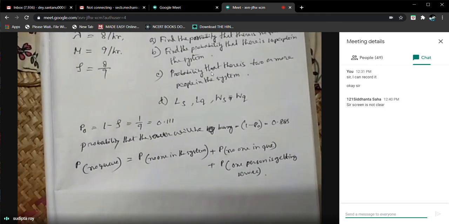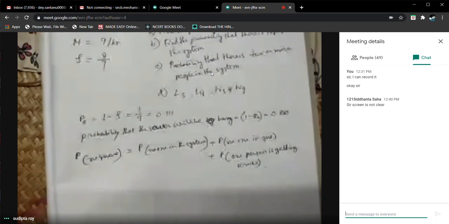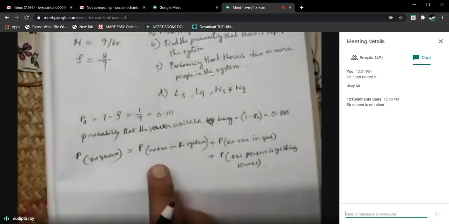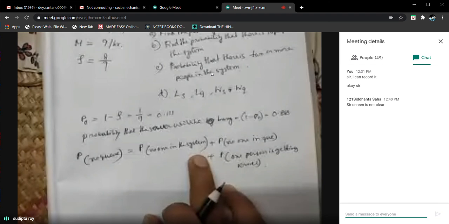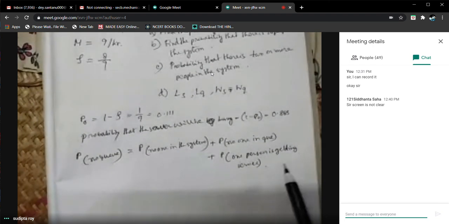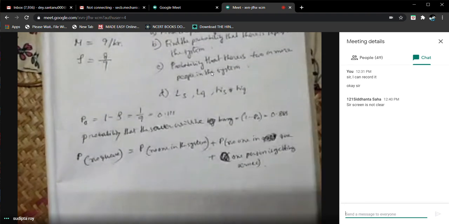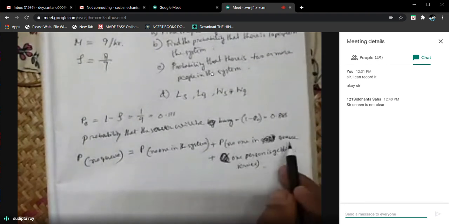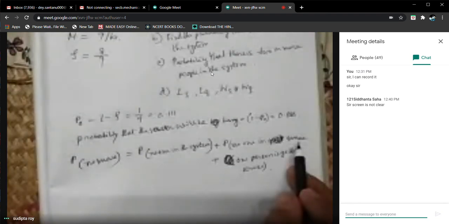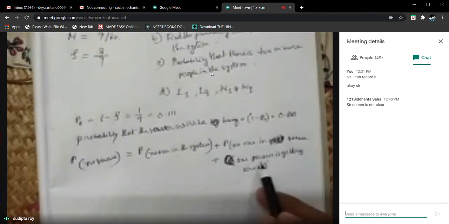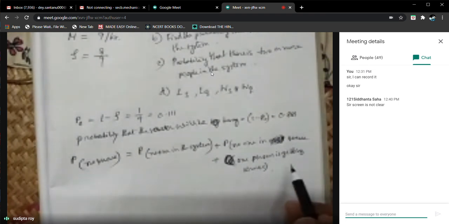Now think why we are writing this line, because probability that there is no queue means what are the options we have? Probability that no one is in the system, then there will be no queue. Or only one person is present in the system and he is getting serviced, so there is one person in the system and no one in queue.